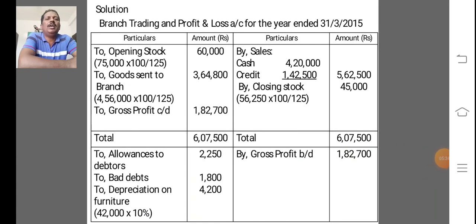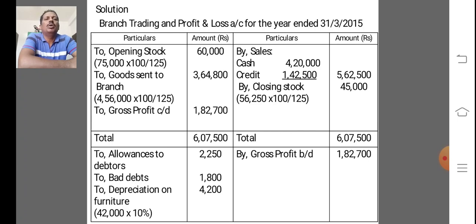So based on the information we are preparing branch trading and profit and loss account in the books of head office.